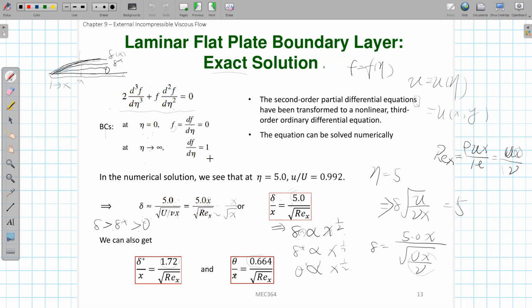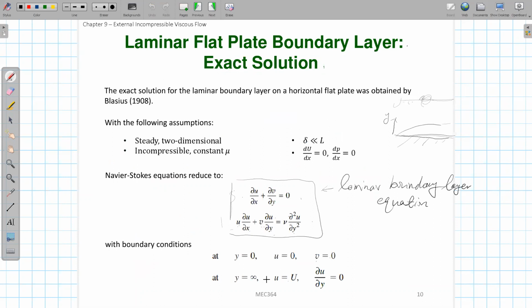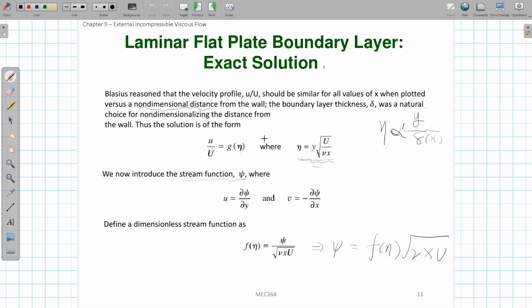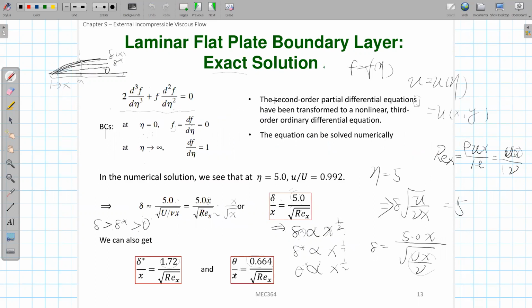Again, you do not really need to be able to derive all this yourself: how you make this similarity analysis so we can change from the 2D problem to a 1D problem, and how we introduce the stream function so we can remove the continuity equation and only leave the momentum equation. In the end, we make these two second-order PDEs into a single third-order ODE, and we can solve it, and we get all this result.